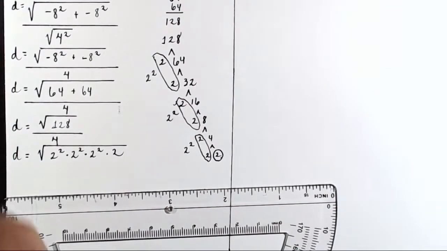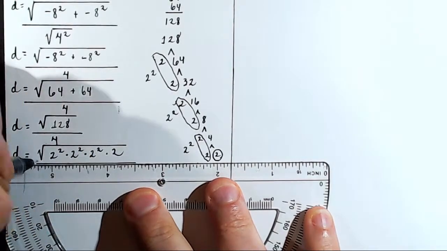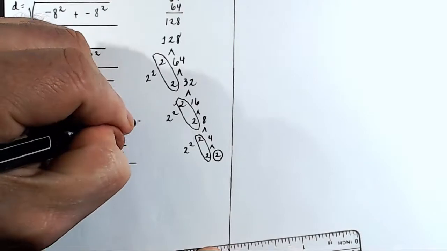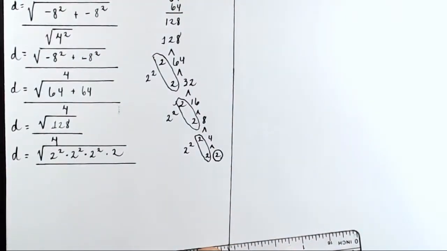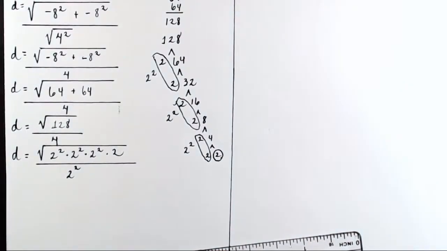So I'm thinking ahead here, and I'm going to go ahead and put 4. See, 4 is 2 times 2, so 4 is 2 squared. I'm going to put this as 2 squared for a reason, because I'm going to be able to cancel it here in a second.